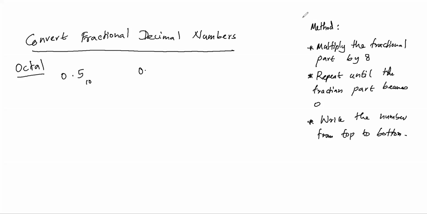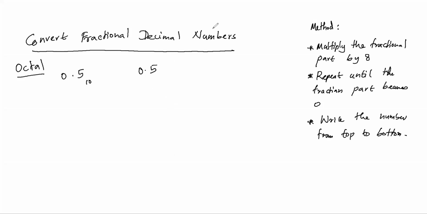Okay, so let's look at how to convert fractional decimal numbers into octal. The method is the same as earlier. So you multiply the fractional part by 8, and then you repeat until the fractional part becomes 0. Then write all the numbers which do not belong to the fractional part from top to bottom. So let's start. Let's say we have the example 0.5 in base 10.